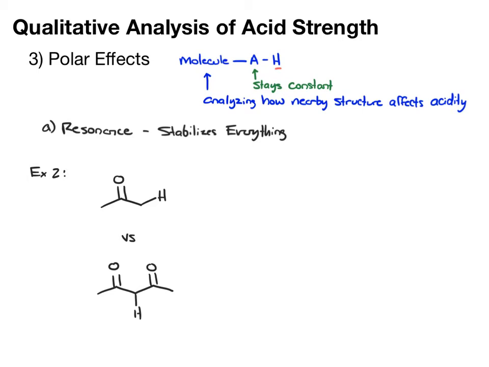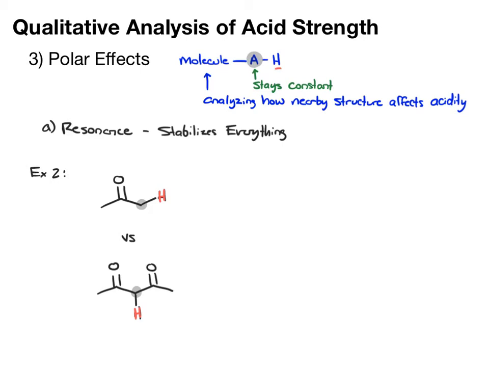In this example we're comparing, these are known as alpha protons that are next to a carbonyl. And just like before, the atom that the proton's bonded to remains constant. It's a carbon and a carbon in both cases. So this must be a remote effect that we're comparing.